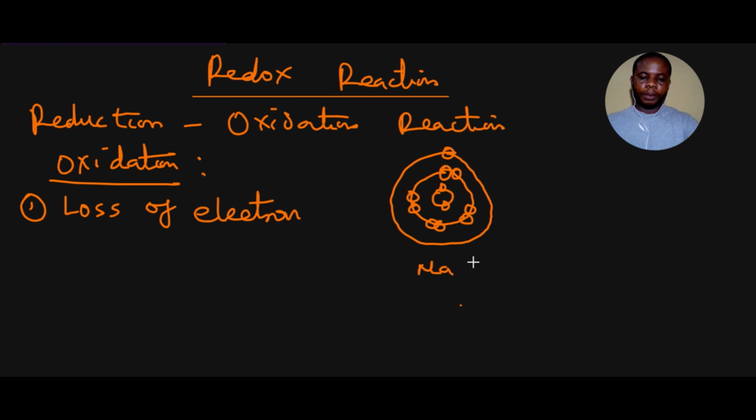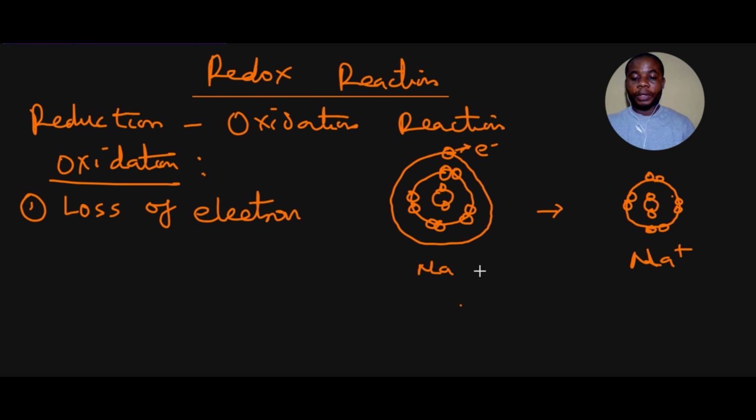When it's becoming an ion, that means this atom's electron is being lost. So when it's losing an electron, it becomes sodium ion. So this is now sodium ion. That means it's a loss of electron.